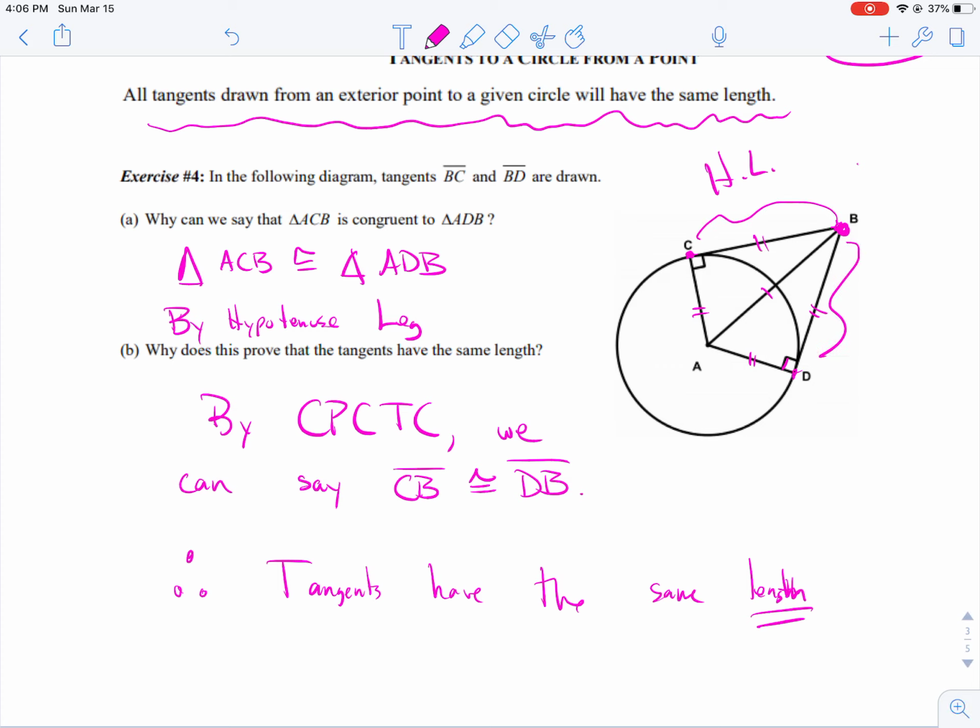So these two lengths will always be the same, based off of the distance from B. I'll say it one more time. The distance from B to point C is the same as the distance from B to point D, okay?